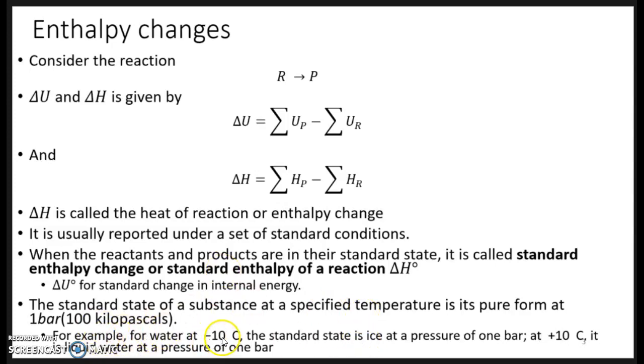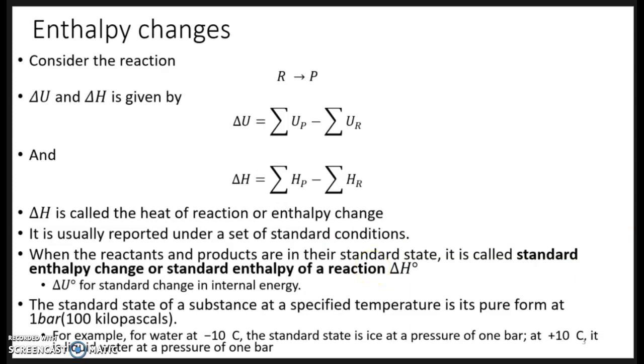So we can have water, H2O, at minus 10 degrees. That standard state is ice. So the temperature is specified at 1 bar. And at 10 degrees, it's liquid water at 1 bar.